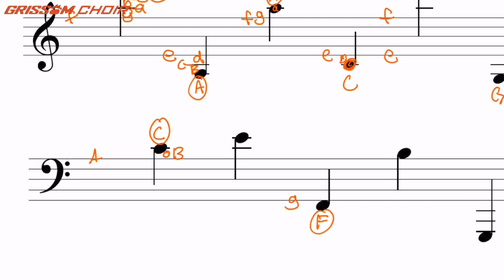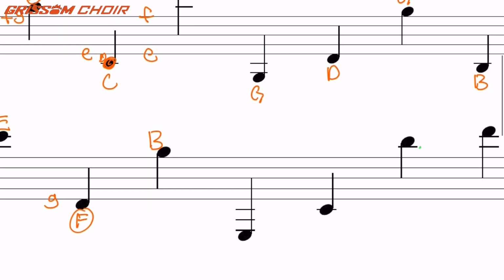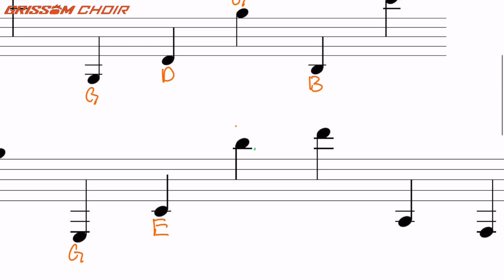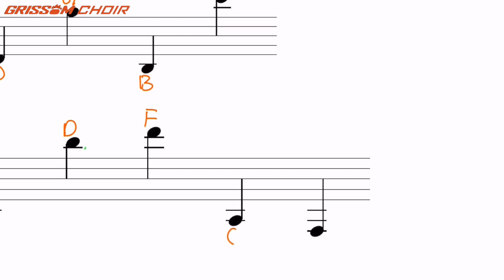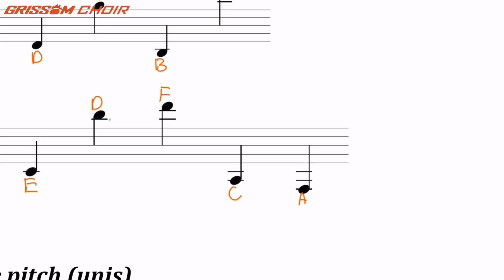This one that we skipped earlier, top line is A, bottom line being G. This note right here has to be E. This note will be B. This note will be G. This note would be E. This note is D. This note is F. This note is C. And this last note would be A. Those are the lines and spaces, ledger line-wise, of the bass clef.